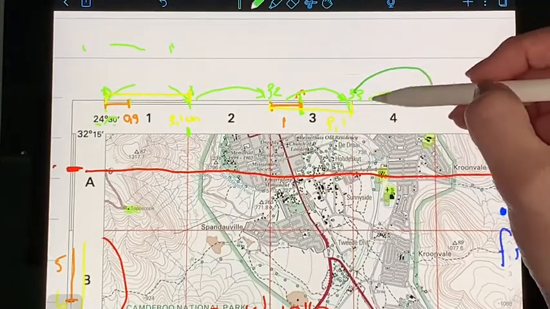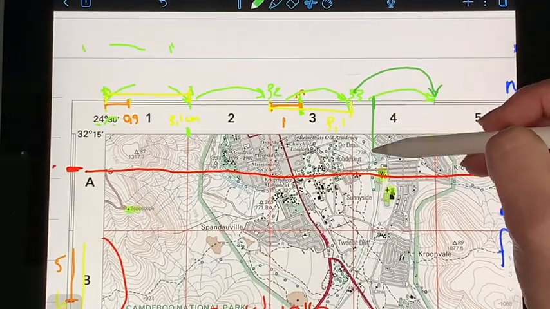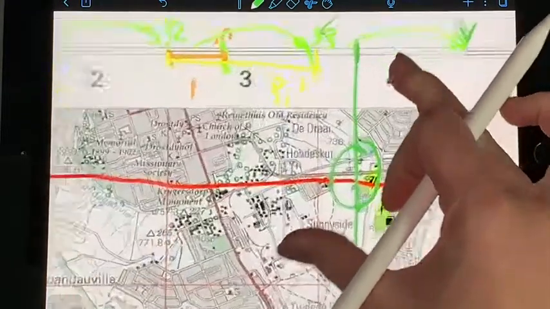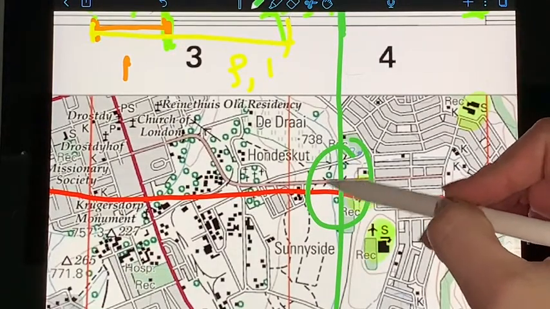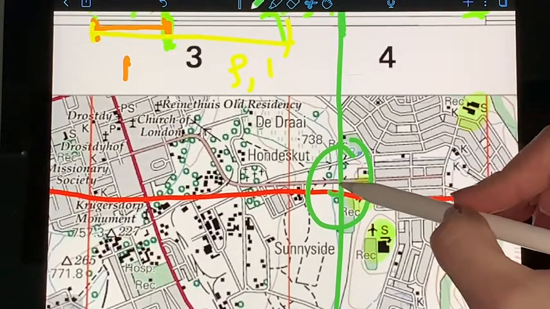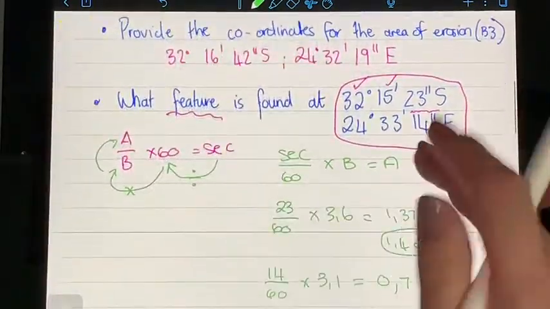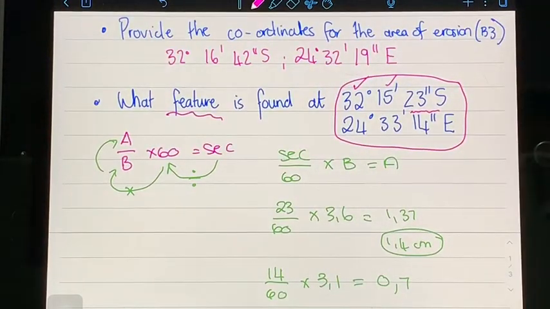And if I measure that, I get to about this position here. Now I know that if I bring that line down, X marks the spot, I have my feature. And specifically, I haven't drawn this latitude line very clearly, but it marks off on the bridge on the secondary road. And so the feature that can be found at those coordinates is the bridge on the secondary road, or secondary road bridge.